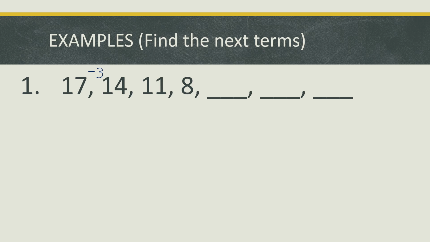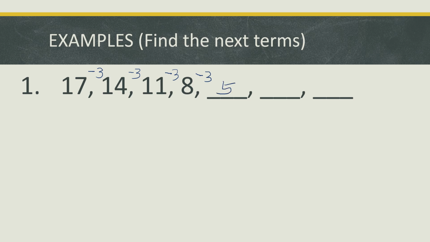And then from 14, we subtract 3 again to get the next term, 11. Then 11 minus 3, we get 8. And then 8 minus 3 gives us the next term, which is 5.